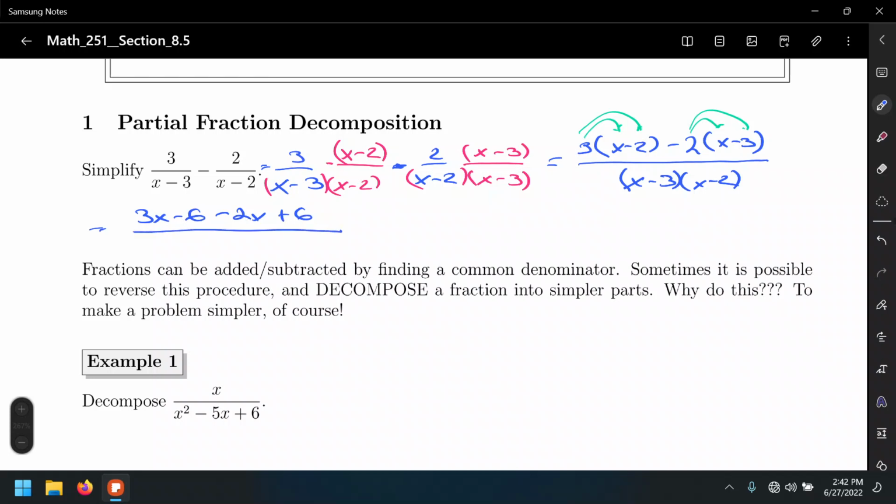And the whole thing divided by x minus 3, x minus 2. So all we have to do is combine like terms in the numerator. Notice the 6's cancel because they are opposites in sign. So all we do is 3x minus 2x, which is simply 1x, or just x. And that's the final answer.